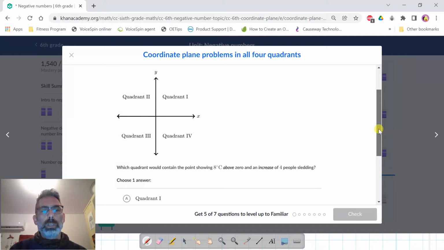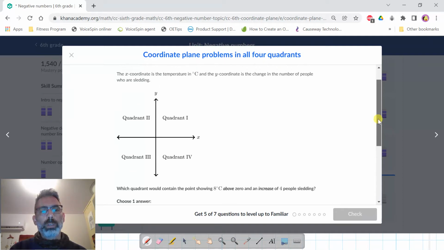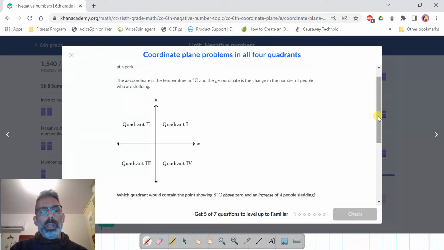Which quadrant would contain the point showing 8 degrees Celsius above zero? So the x-coordinate is... okay, so x positive 8 is here, and an increase of 4 people sledding.